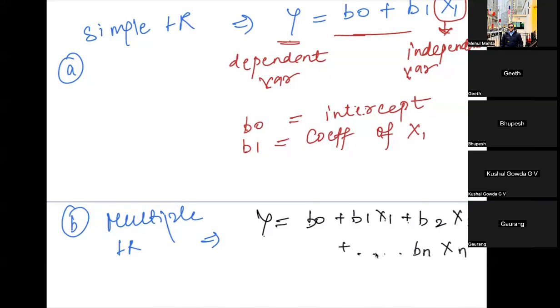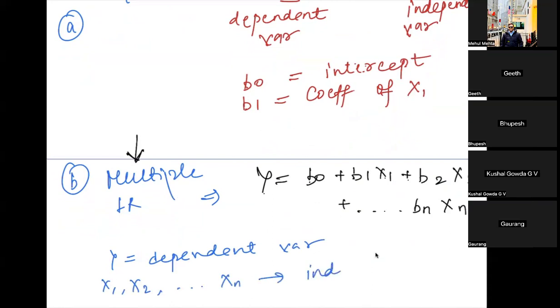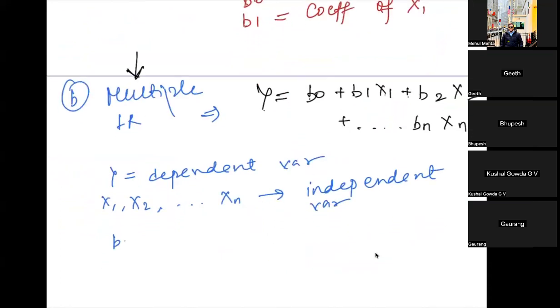Once you have more than one independent variable, that categorizes into multiple linear regression. Here again, y is your dependent variable, x1, x2 up to xn are your independent variables, and b1, b2 up to bn are the coefficients of x1, x2 up to xn. I hope that is clear.